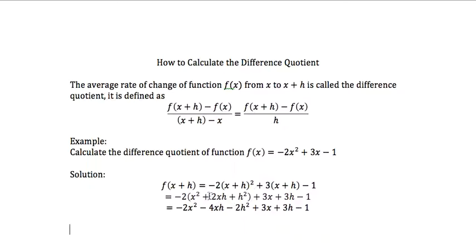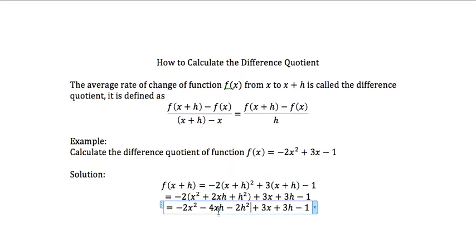A common mistake for students is that many students forget this formula: (x plus h) squared is x squared plus 2xh plus h squared. Many students forget about the middle term 2xh.